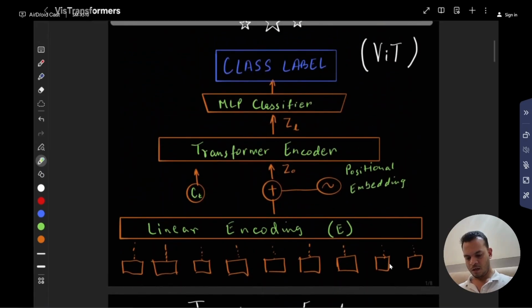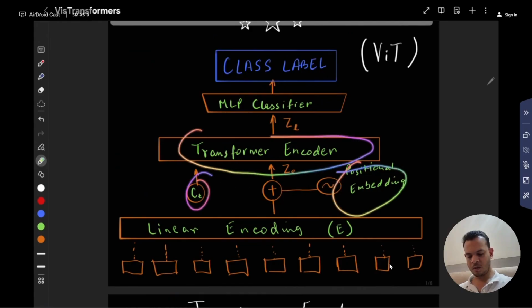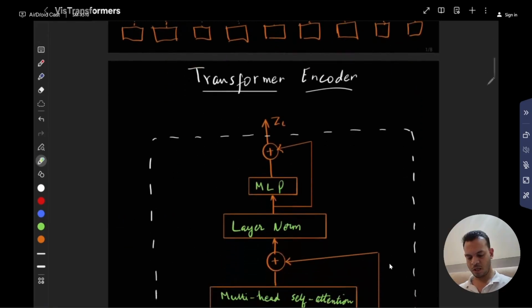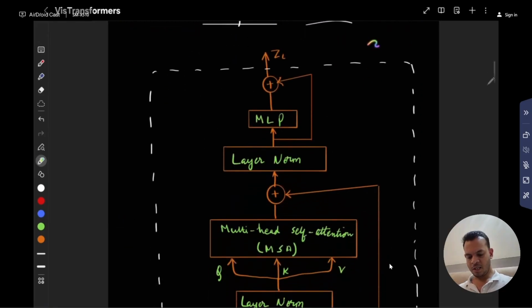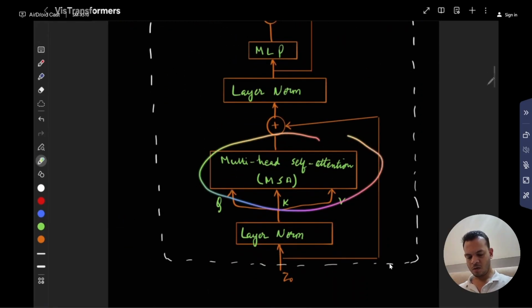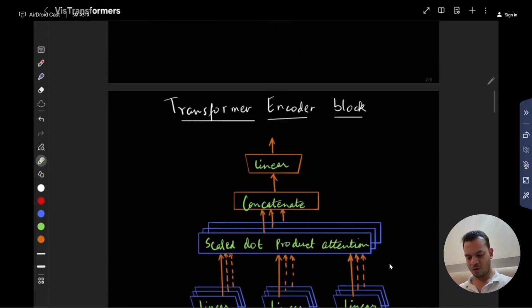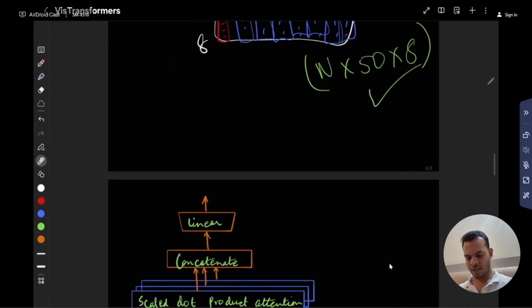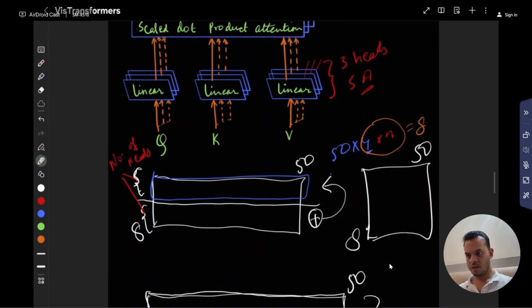So I think in this we covered each part. We covered how the transformer encoder is working. Previously, we discussed the input tensor and positional embedding class tokens. Now we discussed how the transformer encoder is working, and within it we focused on the multi-headed self-attention and saw in detail how it works.